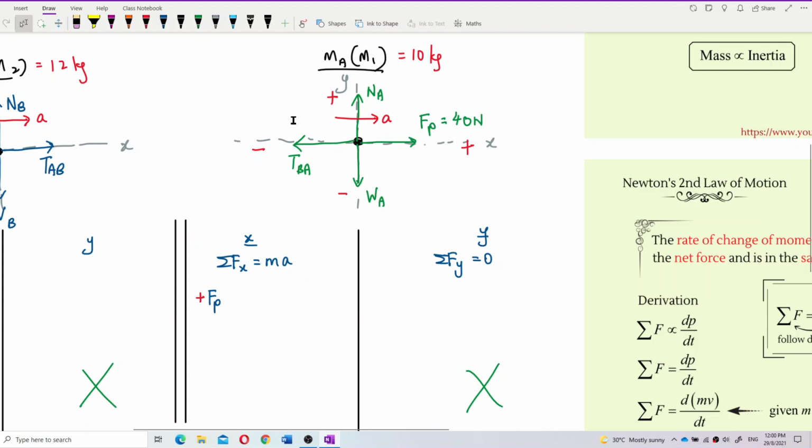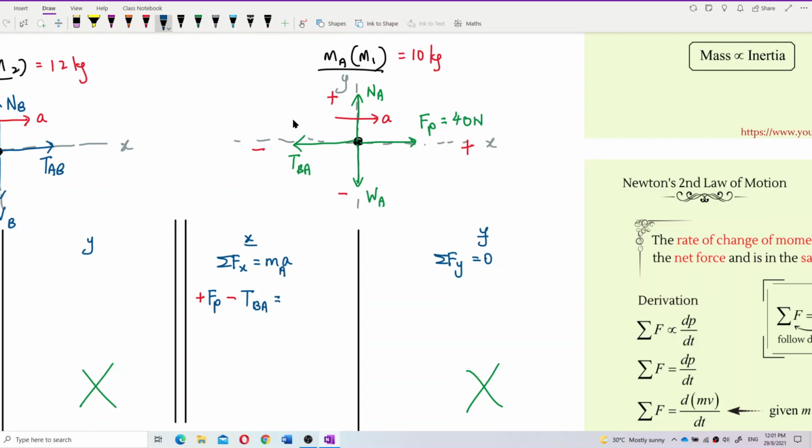So negative tension, T BA, equal to mass A times a.